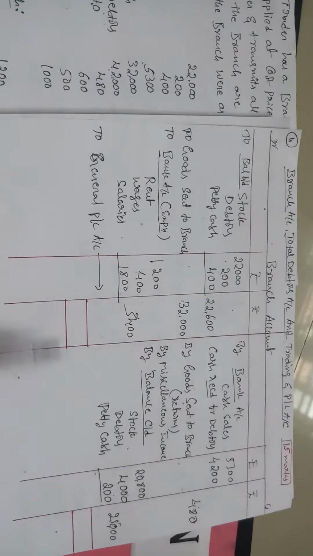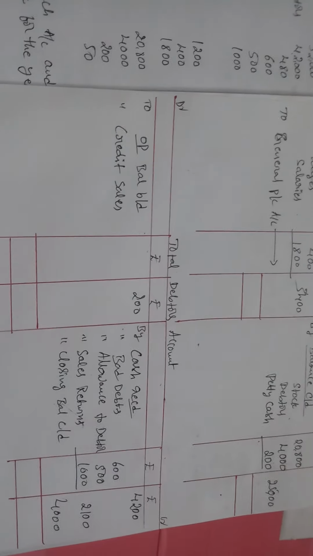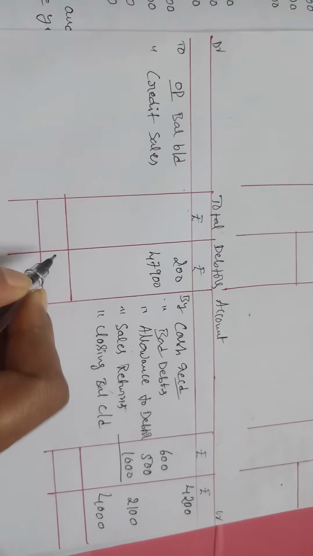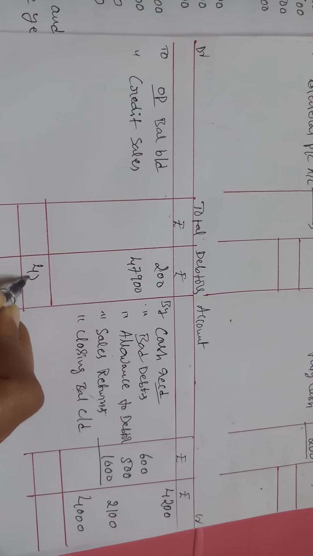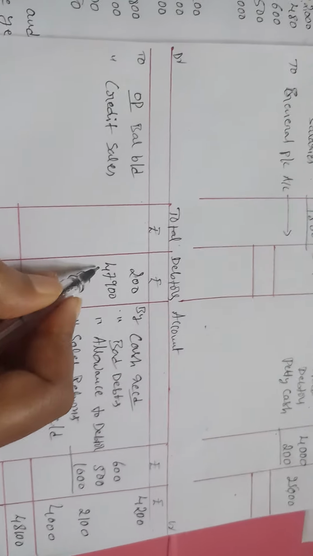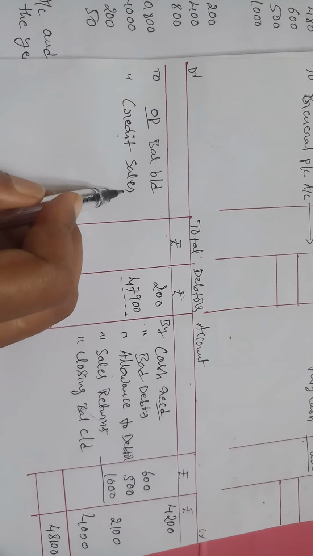So I'm closing this debtors account. Total 48,100, balancing figure 47,900. This 47,900 is the credit sales.